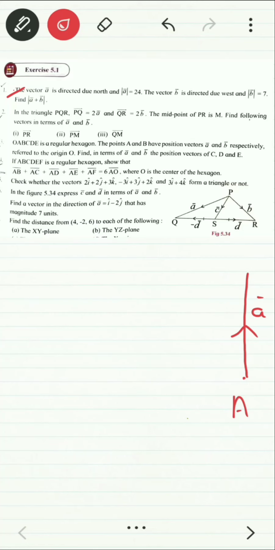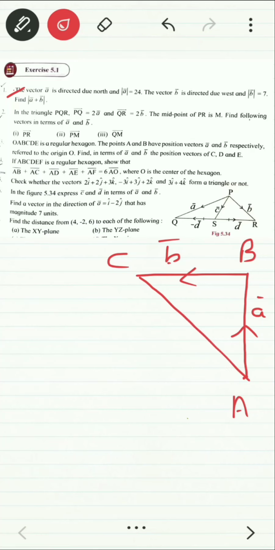So AB represents A bar. Now from B we draw the other vector up to C going west, that means to the left. So this becomes vector B bar. Then we also join AC. So we get a triangle.